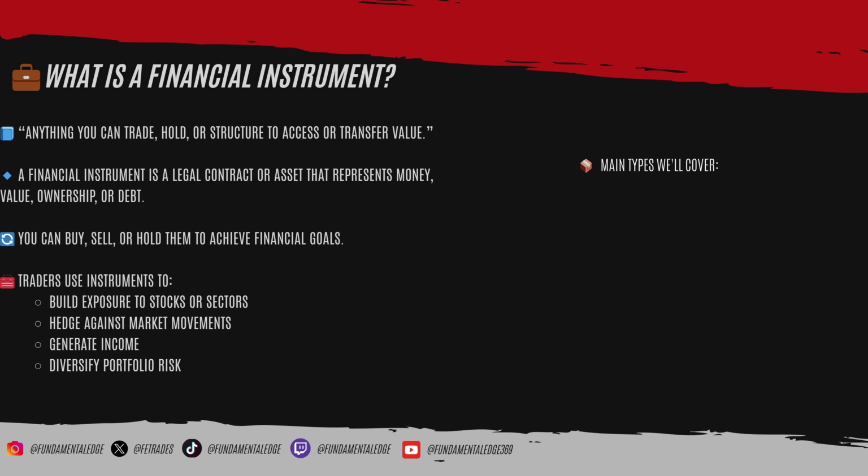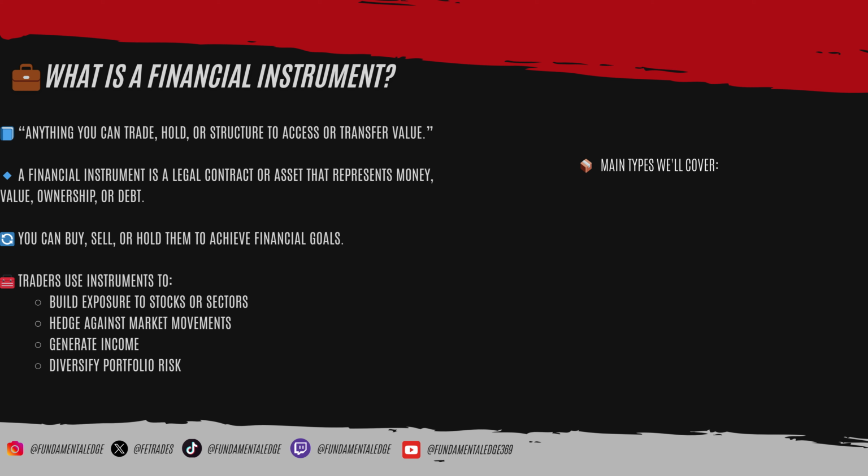Here's a quick roadmap of what we'll be unpacking in today's session. We'll start with equity instruments, which include things like individual stocks, mutual funds, and ETFs. These are probably the most familiar to most investors. Then we'll explore debt instruments, primarily bonds and treasury ETFs. These are about lending money and earning interest. After that, we'll dip into the world of derivatives like options.